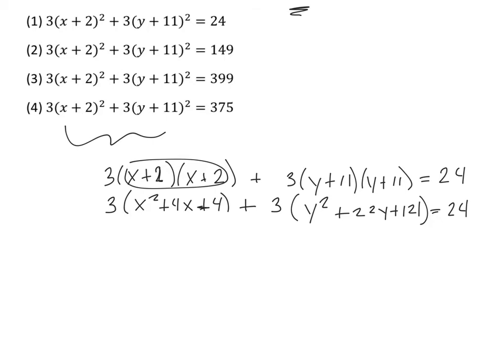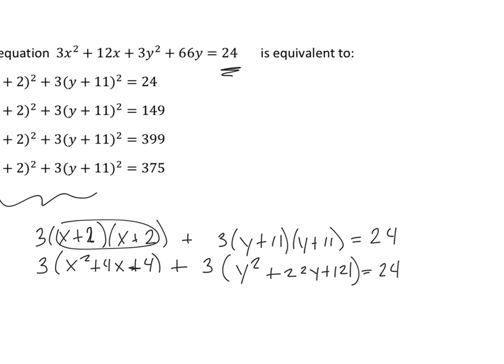And if you look at the original in the problem, you should notice that there's a 3 next to the x squared and a 12 next to the x. This makes sense because I have a 3 outside here, and if I was to distribute the 3, I would get 3x squared plus 12x plus 12. So this 12 is what's been added. Because that's what's been added, I'm going to add that 12 to the 24. I'm going to do the same thing here.